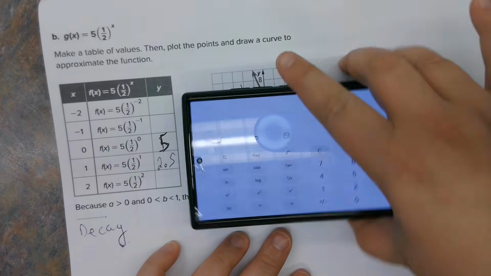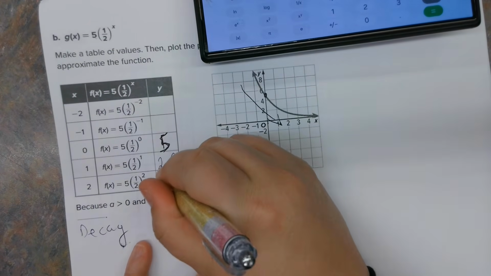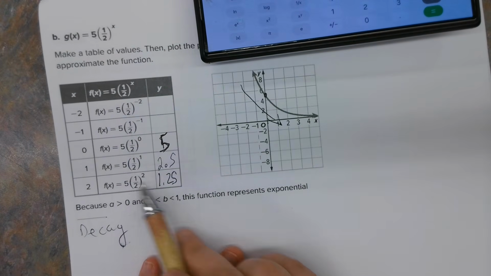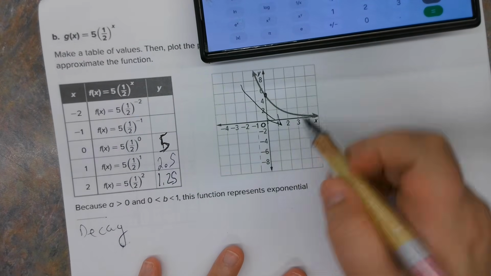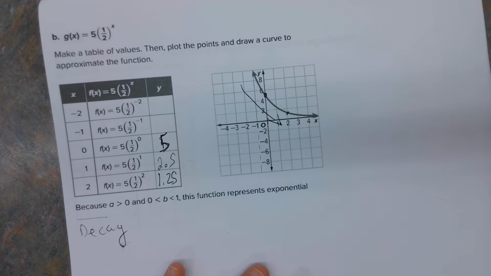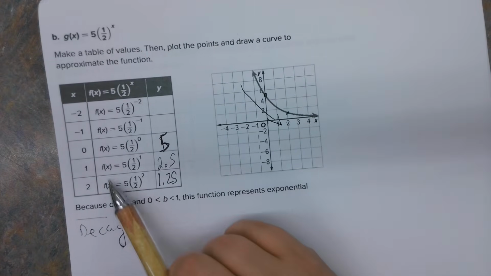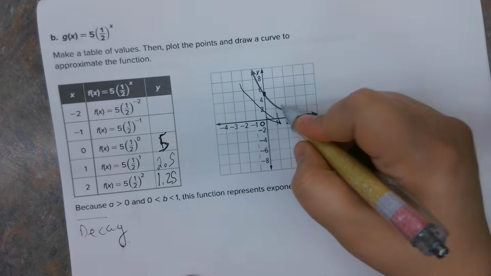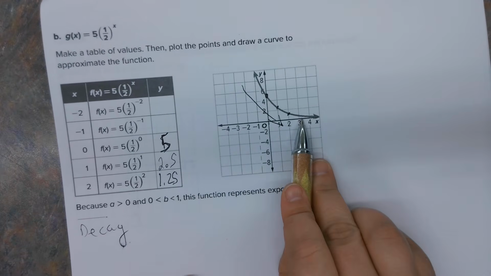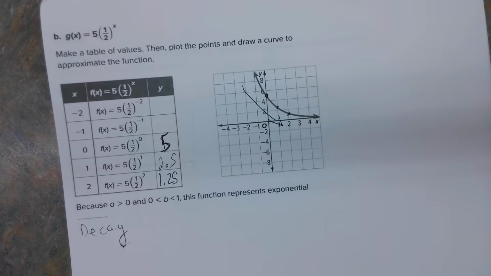I get 1.25. So at 2, it's 1.25. Even with those 3 points, I forgot to do this one: at 1 it is 2.5. Even those 3 show me that it's going down, and I'd be able to make a graph.